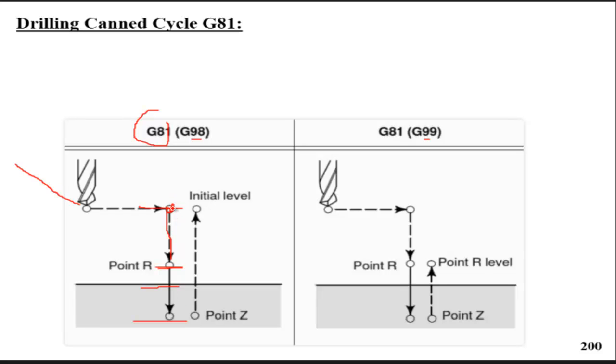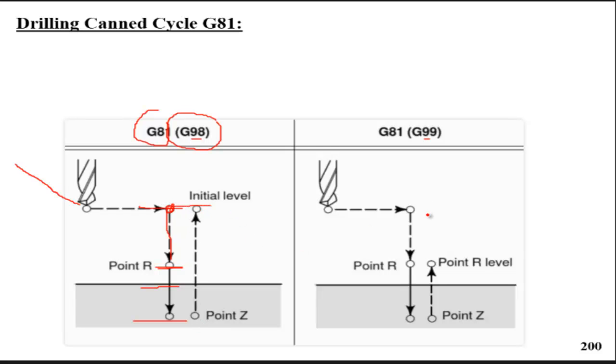It will move the tool in the Z direction with rapid movement to the R level. Then it will move the tool with feed motion to the depth of the cut. Then it will retract the tool, either to the R level or to the initial level. In this case, we use G98, which means it will retract the tool to the initial level.